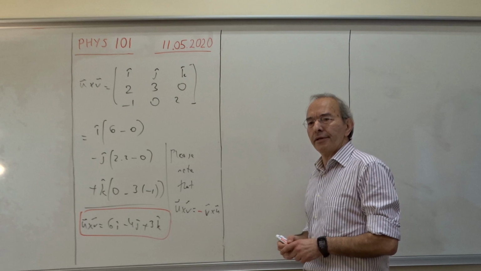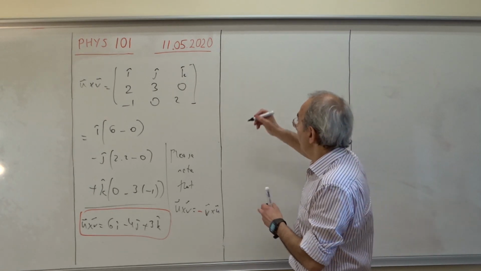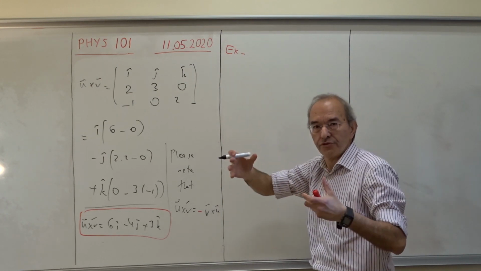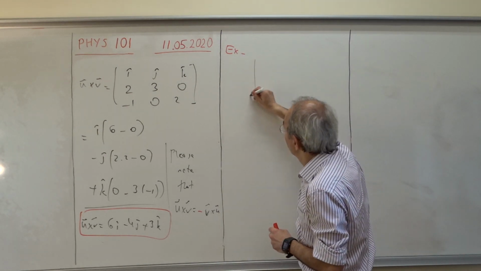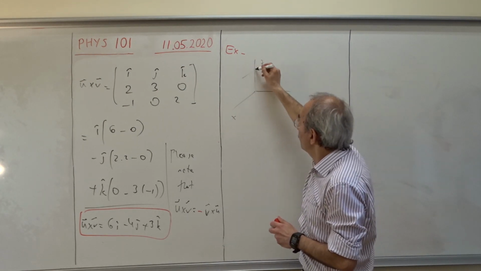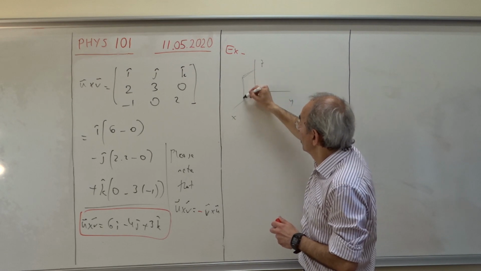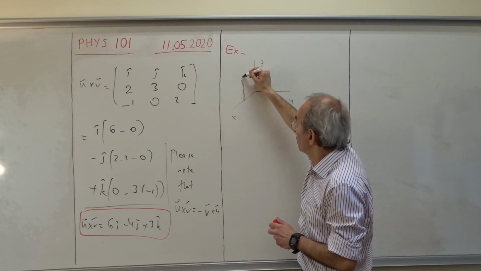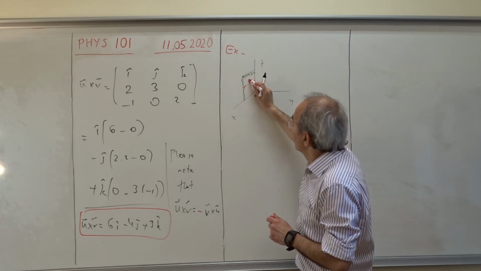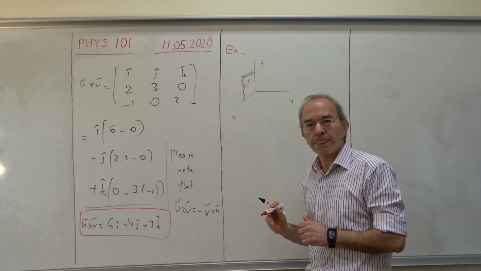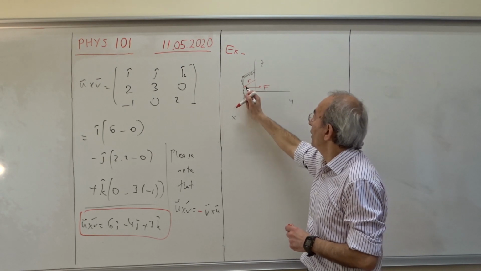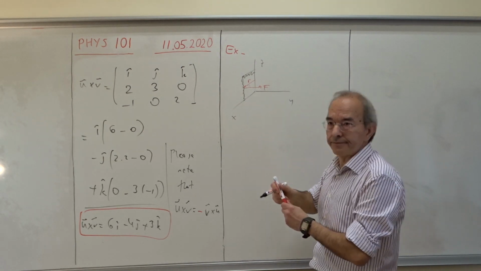For example, let's consider a three-dimensional frame, XYZ system, again. And for instance, again we are trying to open a door. And this is the radius vector from the z-axis. And this is your force, and they are perpendicular.